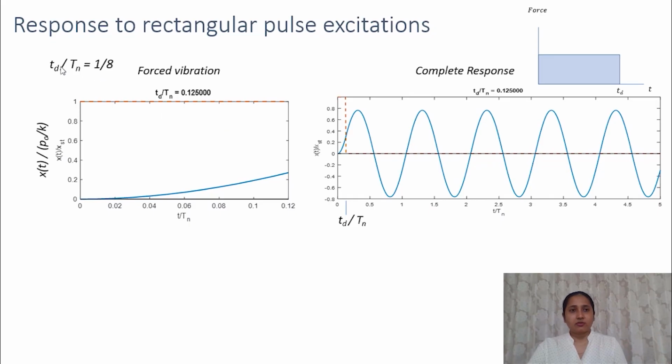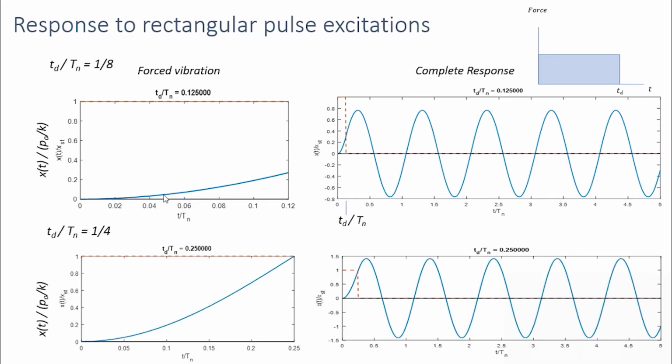Let's check this for td by tn equal to 1 by 4. In this case, the duration is more than the previous case. As the duration of the pulse is increasing, the response is also increasing during the forced vibration. Again, in this case, the maximum response happens after the pulse ends, during the free vibration phase.